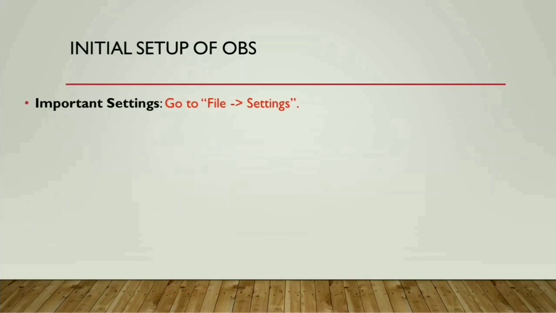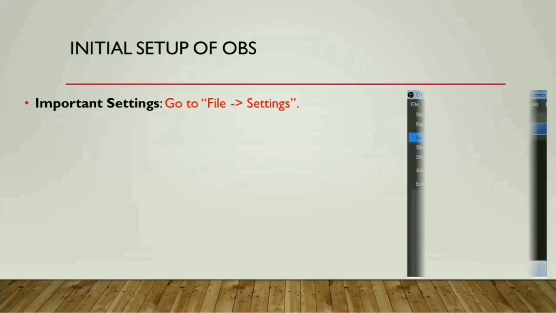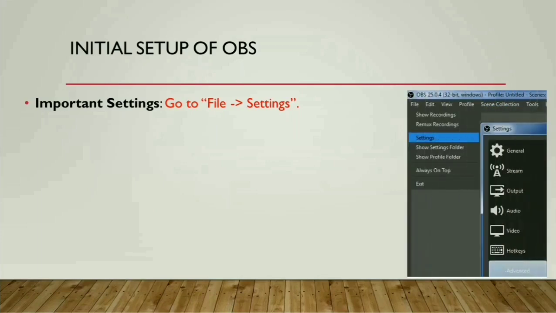Now let's see the important settings. So go to the file menu, select the settings submenu. So this type of diagram will appear on your screen. This is the settings window which contains a number of tabs available at the left side of the settings window.